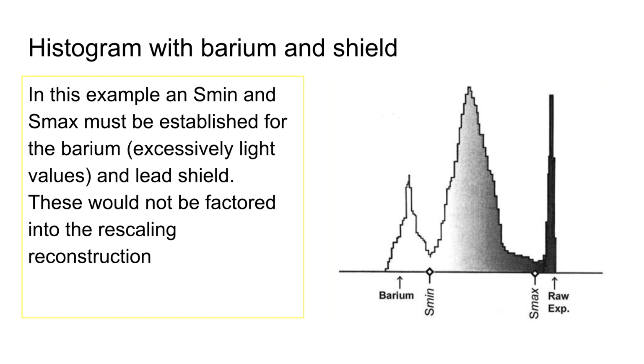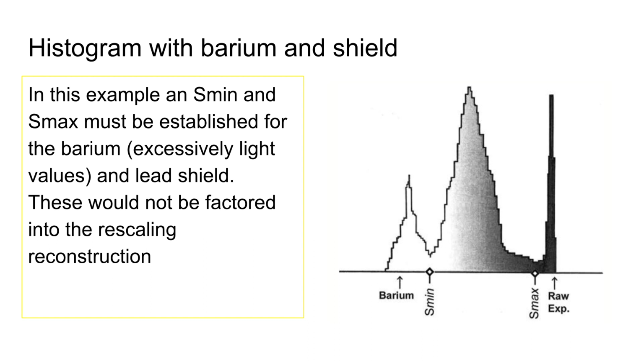So we're talking about things like barium, metal, right? Bone. And again, our S min comes at the point where we just start to turn gray.